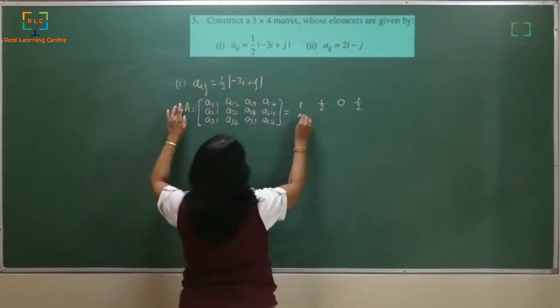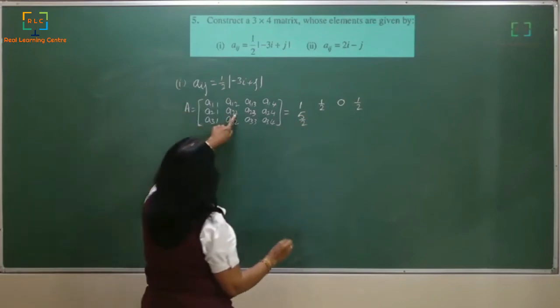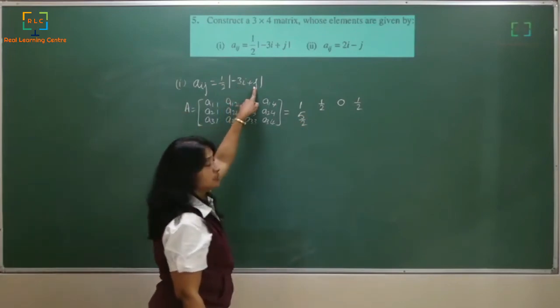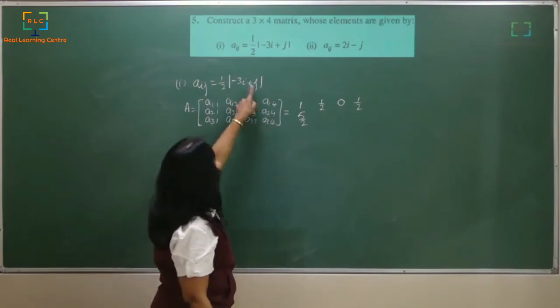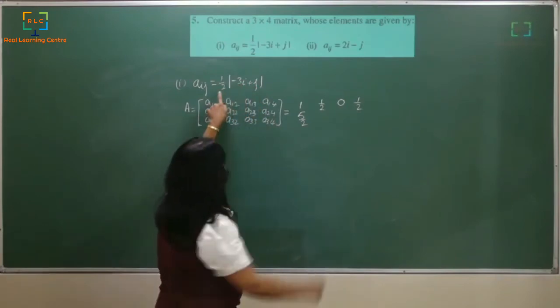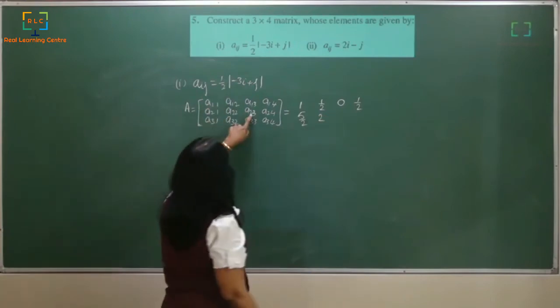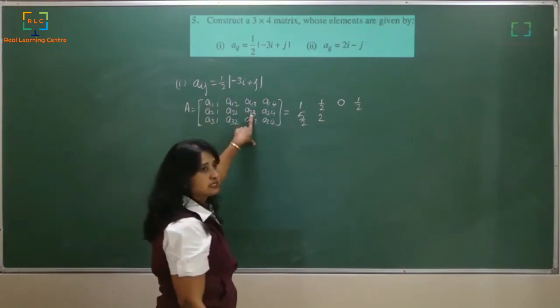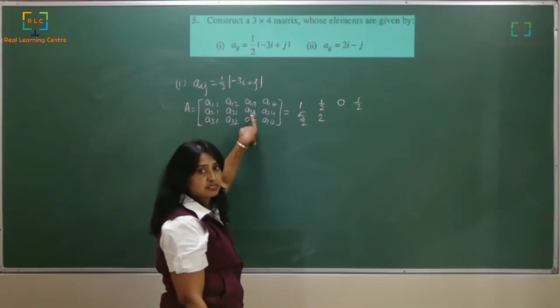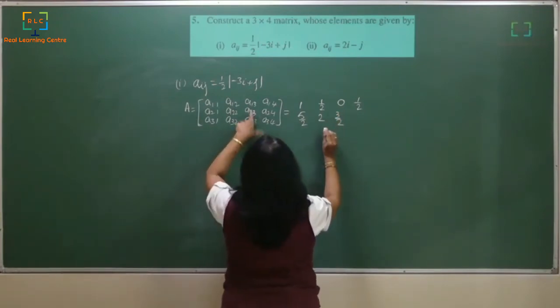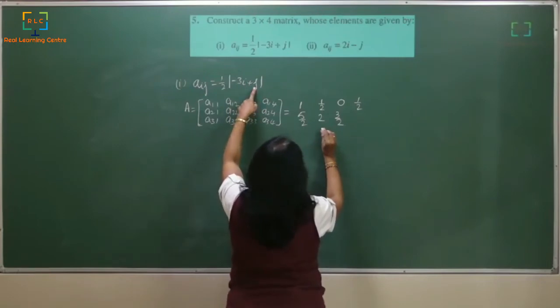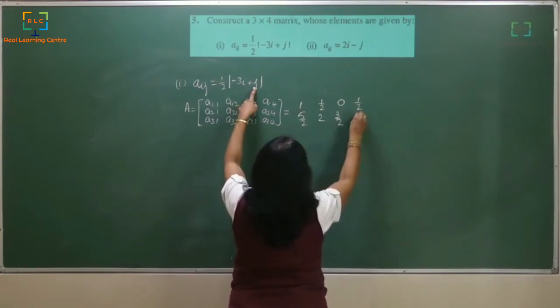Modulus is 5, so this will be 5 by 2. 2, 2: minus 6 plus 2 is minus 4, and modulus is plus 4, 4 by 2 is 2. Next 2 and 3: minus 6 plus 3 is minus 3, so this is 3 by 2. 2 and 4: minus 6 plus 4 is minus 2, 2 by 2 is 1.